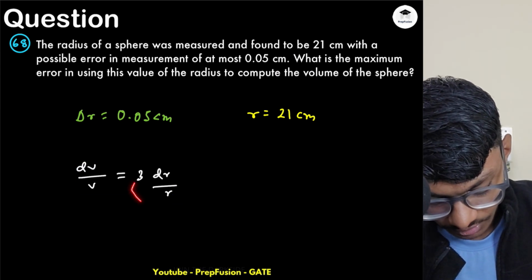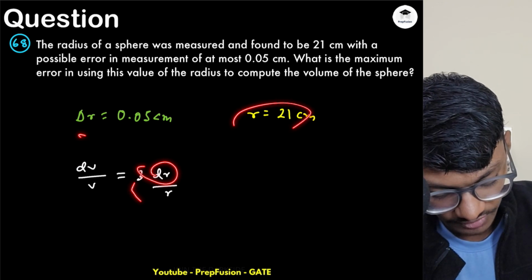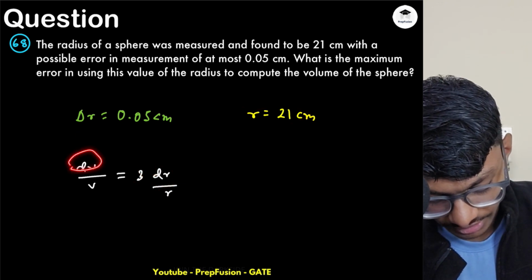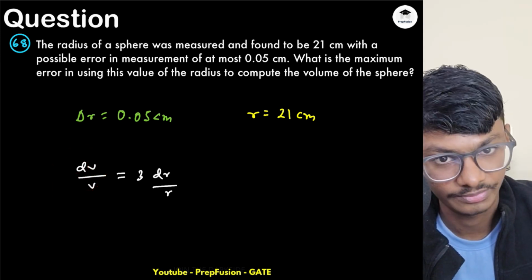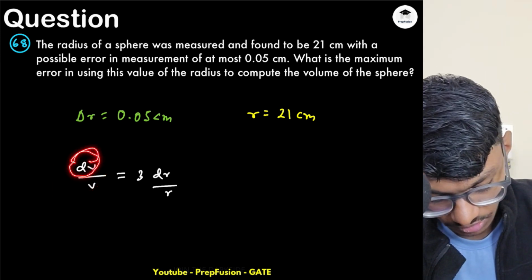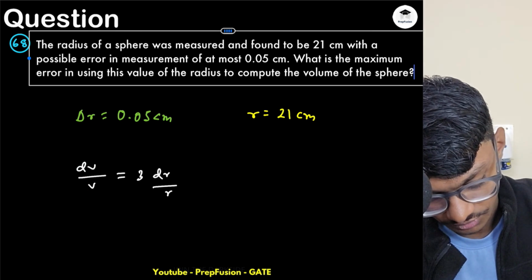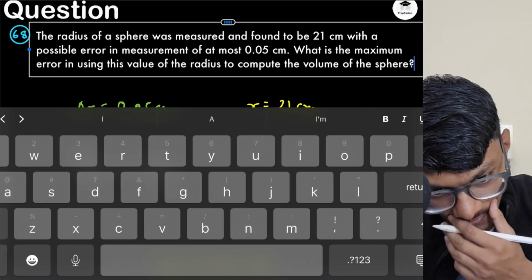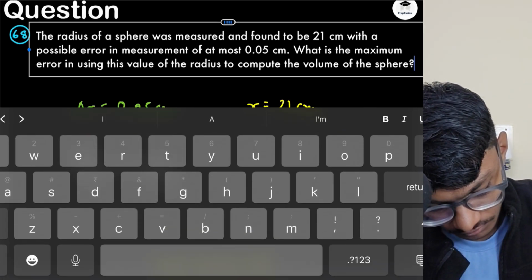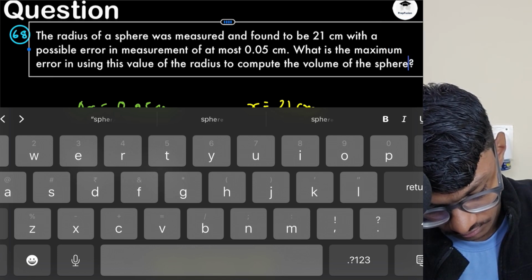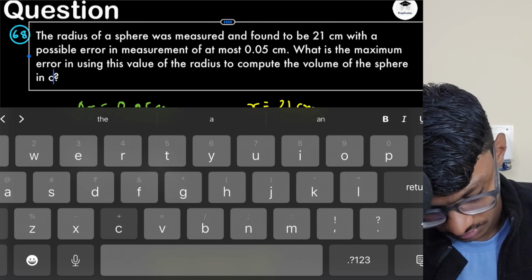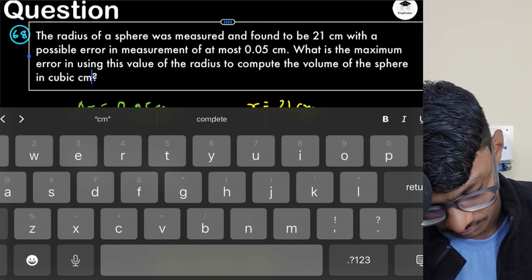They have given us this del r, they have given us this r, and I have to find the maximum error that can be happening in volume. This is the dv. Also they should have mentioned the units, in cubic centimeter.